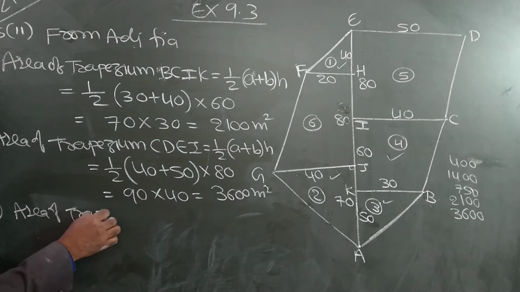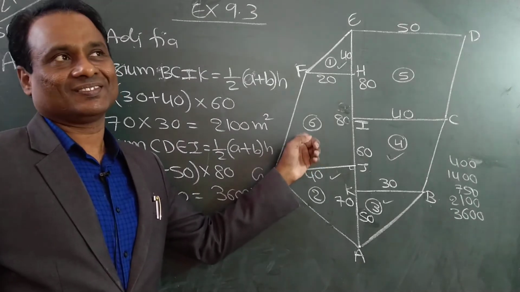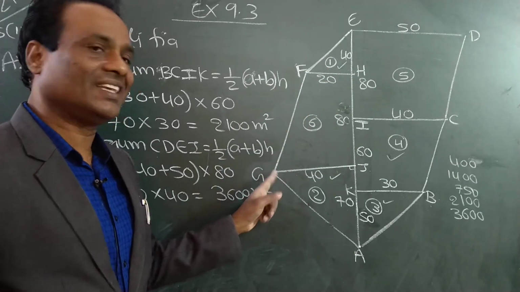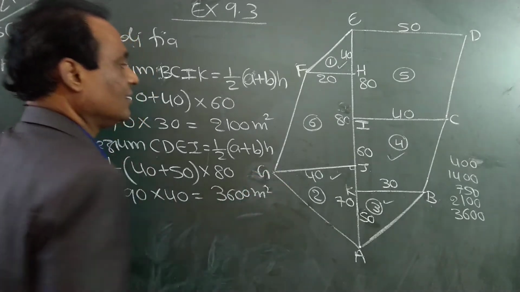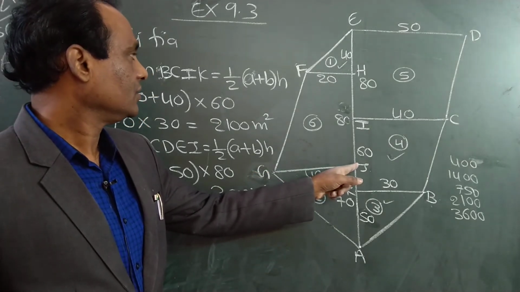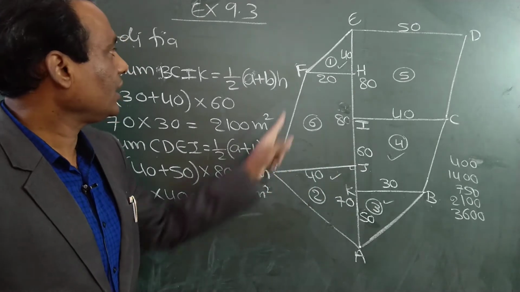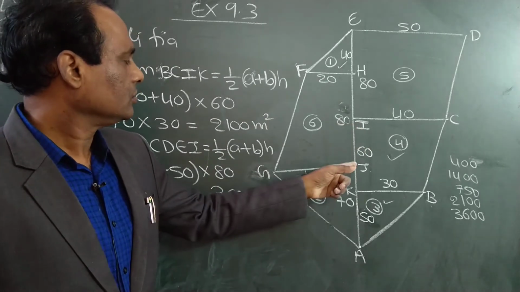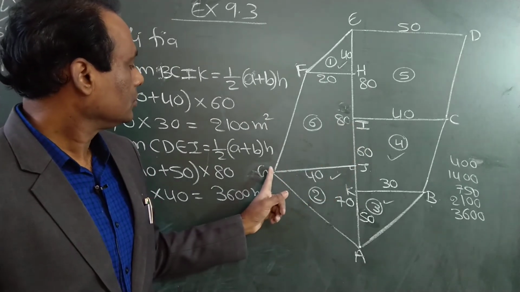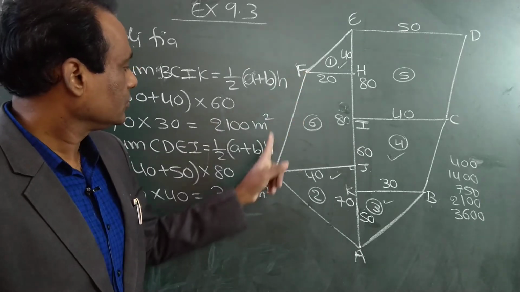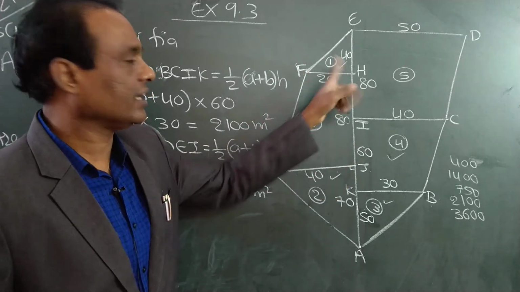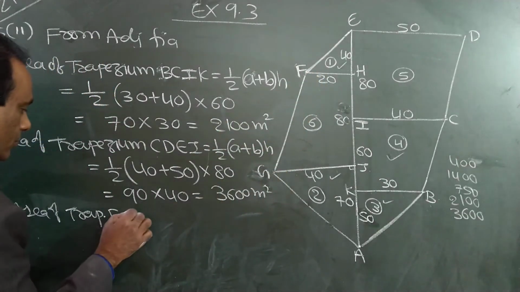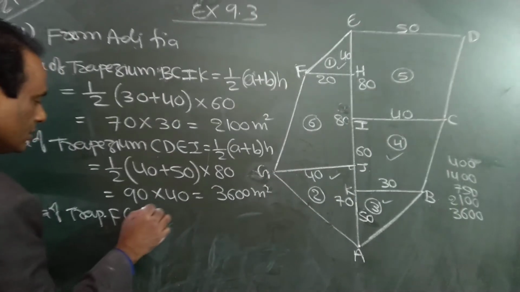Next, last one. What is the other diagram? Area of trapezium. This one. J, H, F, G. From any point you can start.